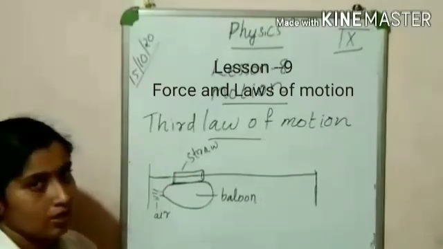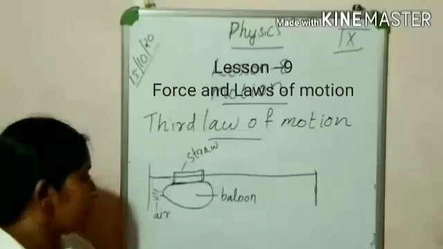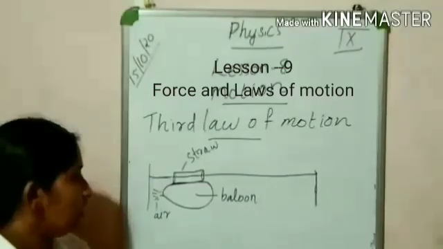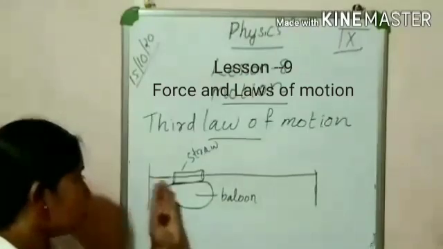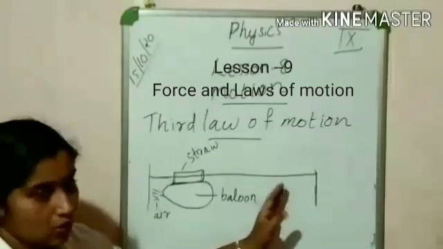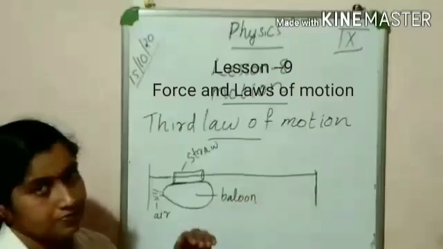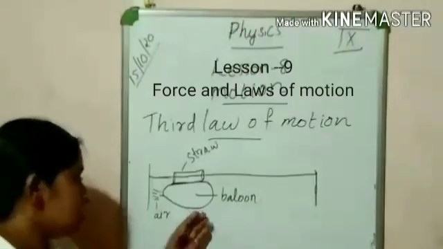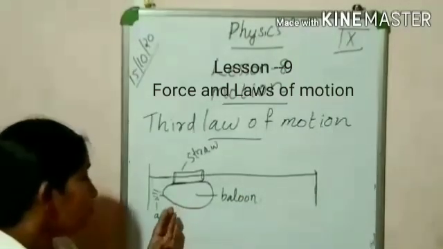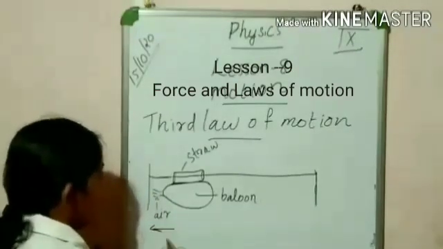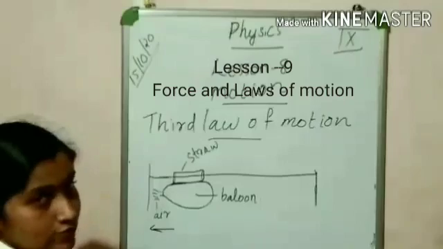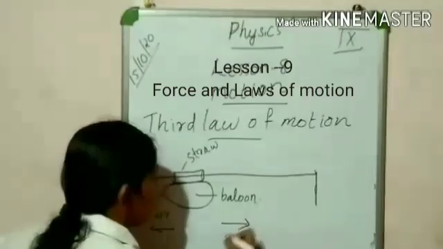forward. From this activity, we see that when the air moves backward, the straw, or the balloon, moves forward. That means the force of the air moves backward and the force on the balloon moves forward.